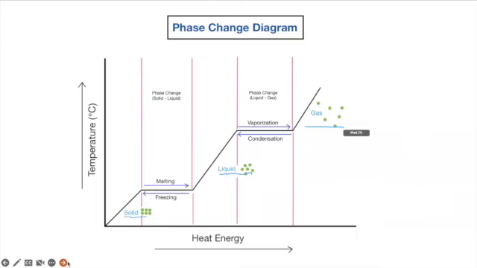I want to point out that sometimes to get from a solid to a liquid, it's not just a magic linear gradient. We have to hold that temperature and put in some energy in order to actually get to the liquid phase.